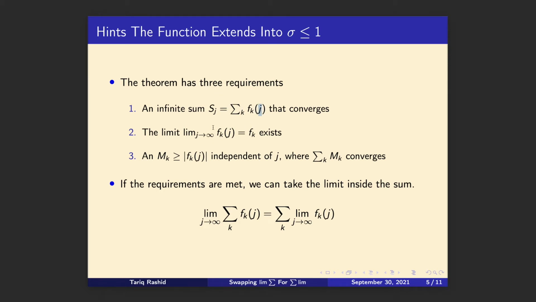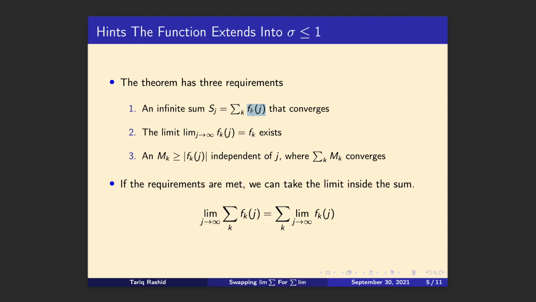Then we have a second requirement that says the limit as j goes to infinity of this term f_kj exists. That is, if we take j to infinity, the thing doesn't become invalid. There is a form that exists, a closed form or some form.